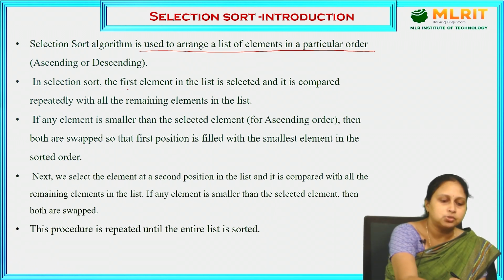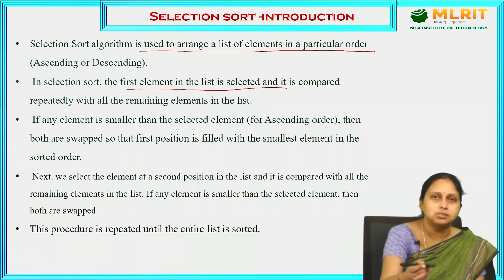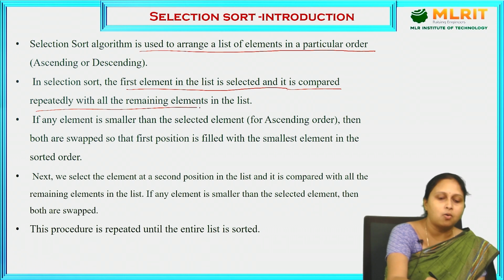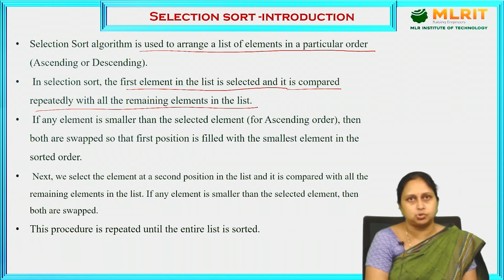In selection sort, the first element in the list is selected and it is compared repeatedly with all the remaining elements in the list.